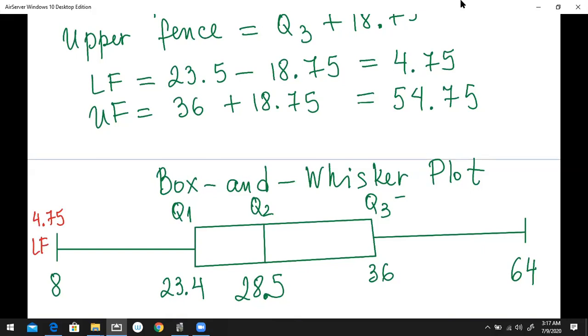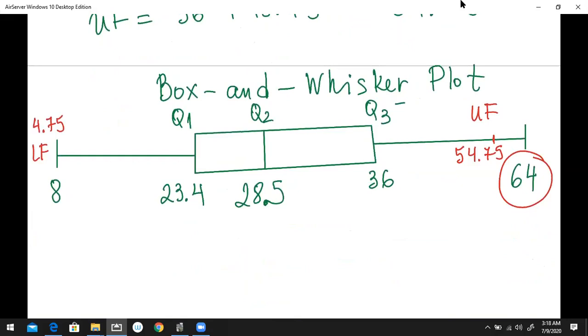Now here, the upper fence is somewhere here, 54.75. So it looks like 64 is an outlier.